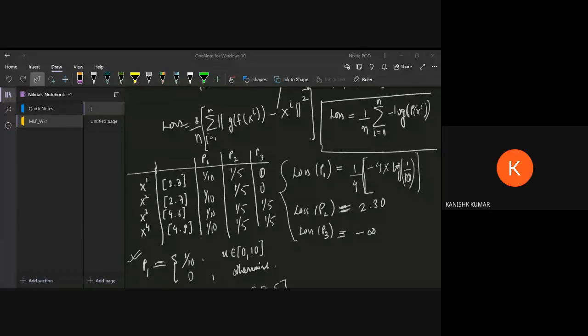Then the loss of P2 is 1.60 and the loss of P1 is 2.30. Oh, is it? Yes, ma'am. P2, correct, is it 1.61? Yes, ma'am.